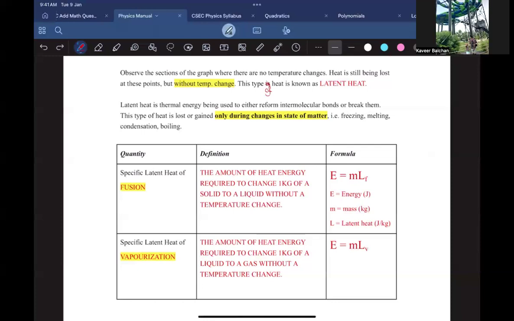Fusion, liquid to a solid without temperature change, and vice versa. As the name suggests, fusion, like when you turn into a solid, you fuse. And vaporization is gas because it's vapor. You can remember it like that.